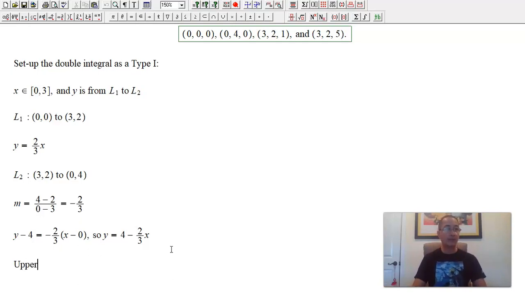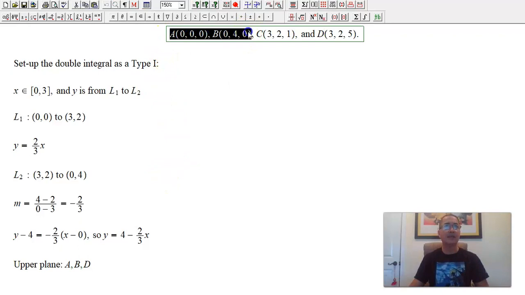We said that the upper plane contains A, B, and D. This is our point A, this is our B, and this is our C. And that's our D. All right. So we need ABD.